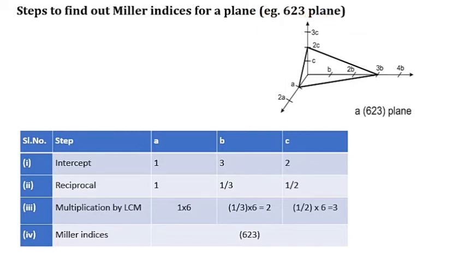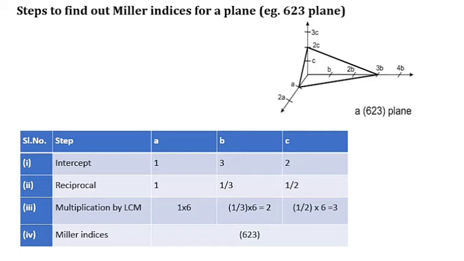Now in the exam, they will give any plane and they will ask what is the Miller indices for that plane. In some question papers they are asking these types of problems. So, I think it is very easy.